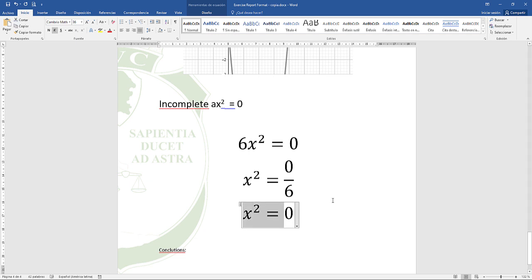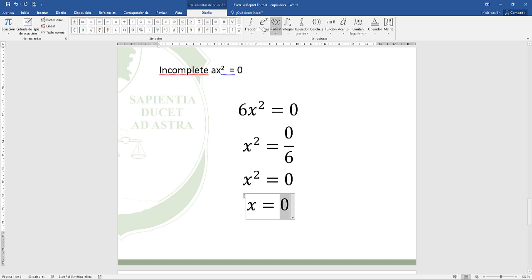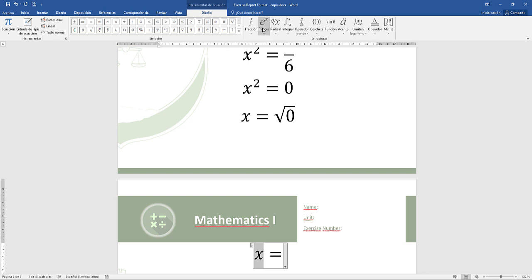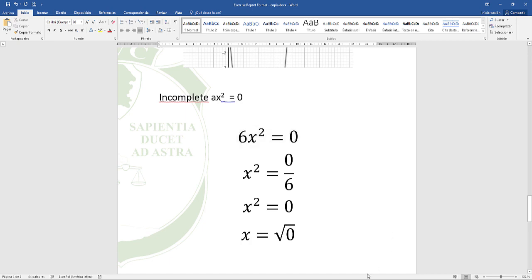This is a square, so you pass to the other side like a square root. So you will have x1 and x2 equal to 0.